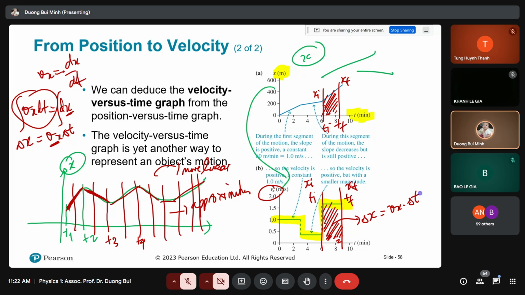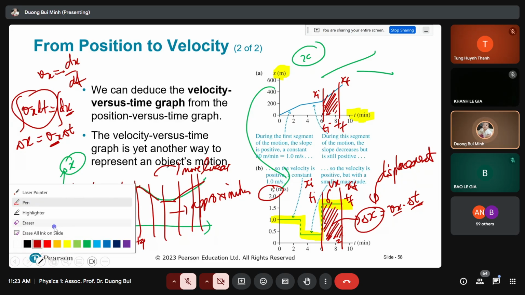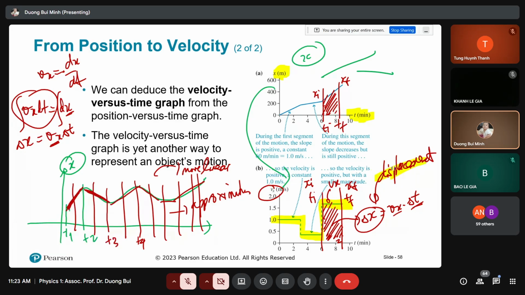This one is Vx, and tf minus ti gives delta t. When we take the product of Vx with the time interval, you get displacement. I hope you understand. Displacement is calculated here, so this area is displacement.